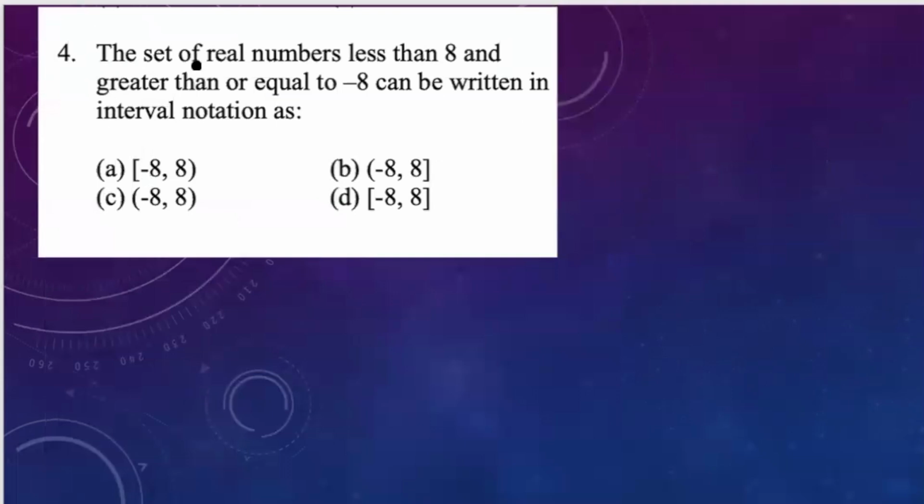The next one, the set of real numbers less than 8 and greater than or equal to -8 can be written in interval notation as. So the trick to this is to have our numbers. We have -8, and we also have +8. And it says less than 8. So here it has less than 8. No equal to is there, so at 8 I'll have a round bracket.